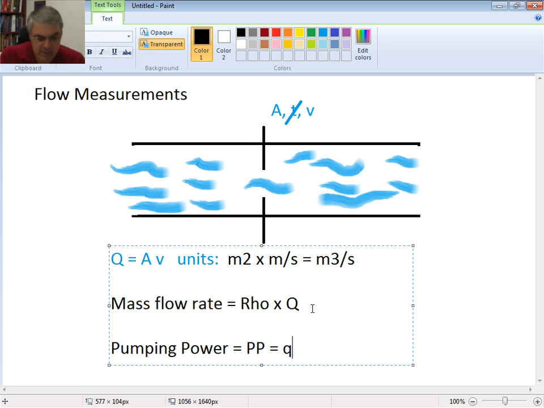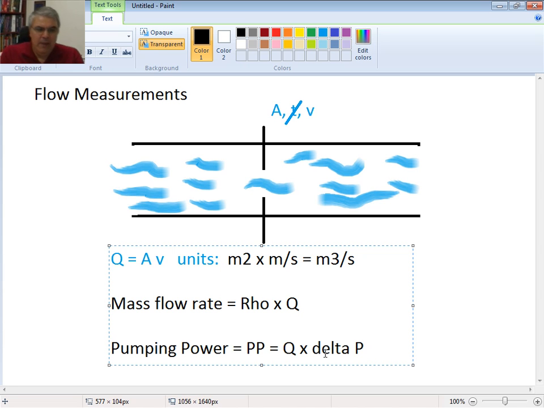Of course, it's going to be capital Q multiplied by delta P. Okay, so this is the pressure change across the device.